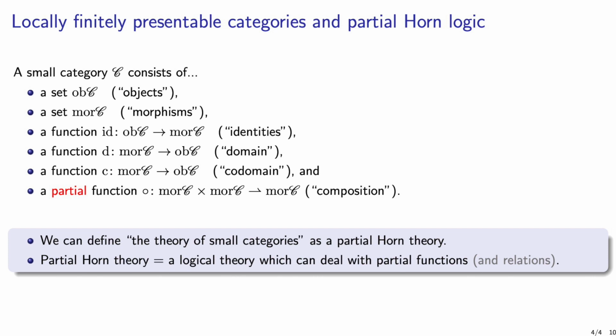Let me explain the idea of partial Horn theory. Since this is a category theory conference, let us now define a category. A small category consists of a set of objects and a set of morphisms, three functions representing identities, domains and codomains, and a partial function representing composition of morphisms.